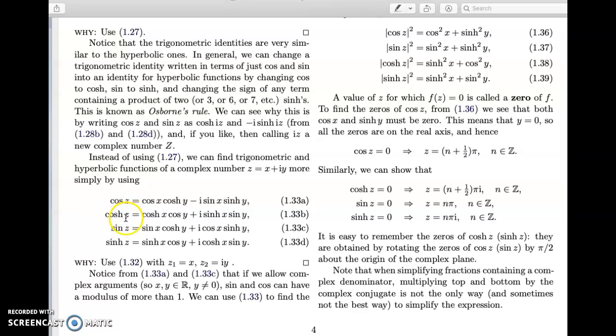You've got cosh of z plus 2 pi i. Now the 2 pi of that will go inside the y. So we get y plus 2 pi and y plus 2 pi. Obviously sine of y plus 2 pi is sine of y, and cos of y plus 2 pi is cos of y. So this doesn't change if I put a plus 2 pi i. Similarly with sinh of z plus 2 pi i, I get sinh of z.